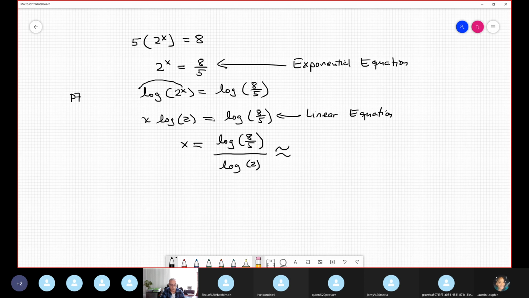Practice a little bit of calculator. Logarithm of 8 over 5: 0.6780. Okay. Divided by logarithm of 2. Okay. Boom. I want to copy every digit.